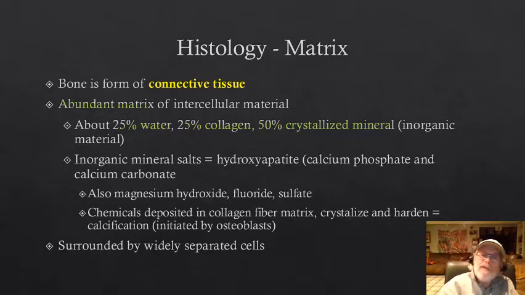This crystallized material is basically multiple different types of inorganic mineral salts, and collectively these are called hydroxyapatite. Hydroxyapatite is a conglomeration of all the mineral salts that make up the hard part of bone. It's mostly calcium phosphate and calcium carbonate. So again, the key word there that we see a lot of is calcium, in both calcium carbonate and calcium phosphate.